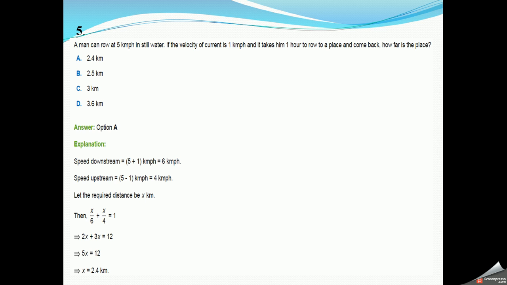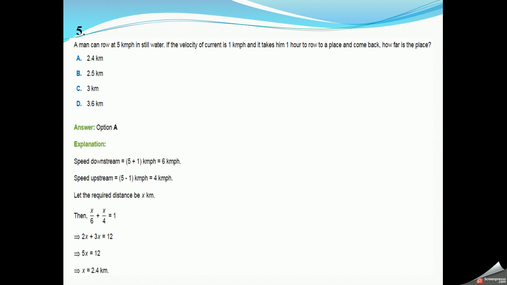Given that a man rows at 5 km per hour in still water and the velocity of the current is 1 km per hour. So the speed downstream is 5 plus 1, 6 km per hour, and the speed upstream is 5 minus 1 equals 4 km per hour.